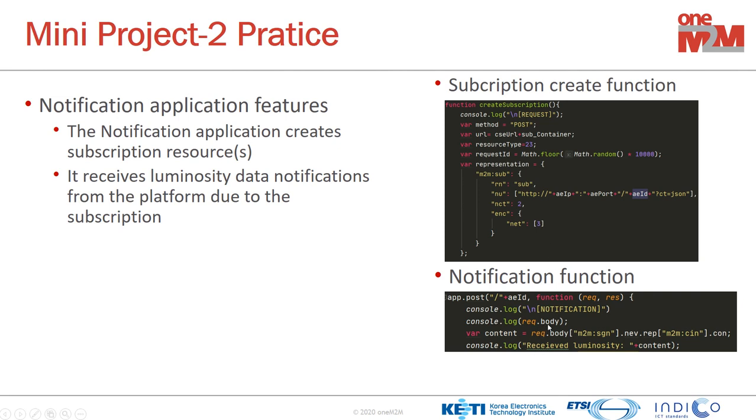In the notification handling function, parsing the notification object, as we studied before, the root key is m2m:sgn, which represents single notification, and inside that there's the notification data, and it has the representation, and the representation contains the content instance resource object, and it starts with m2m:cin.